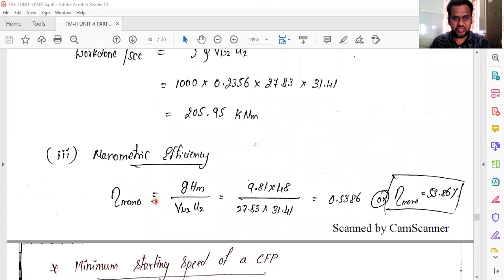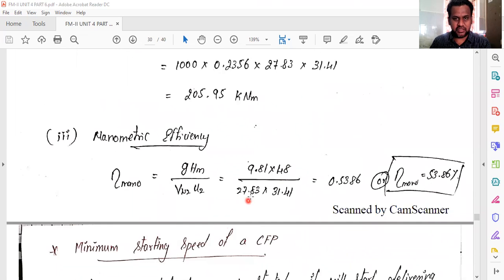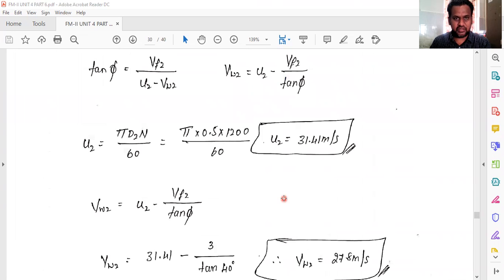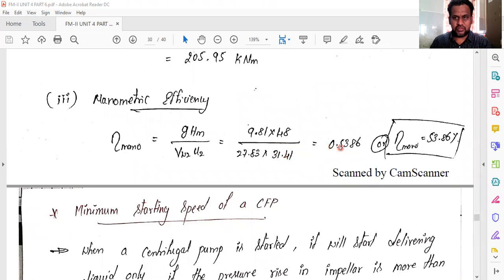So manometric efficiency is equal to g into Hm divided by Vw2 U2. g is 9.81, Hm is 48, Vw2 calculated as 27.8 meters per second, U2 calculated as 31.41. Substitute, so you'll get manometric efficiency is equal to 53.86%. So this is the second problem.